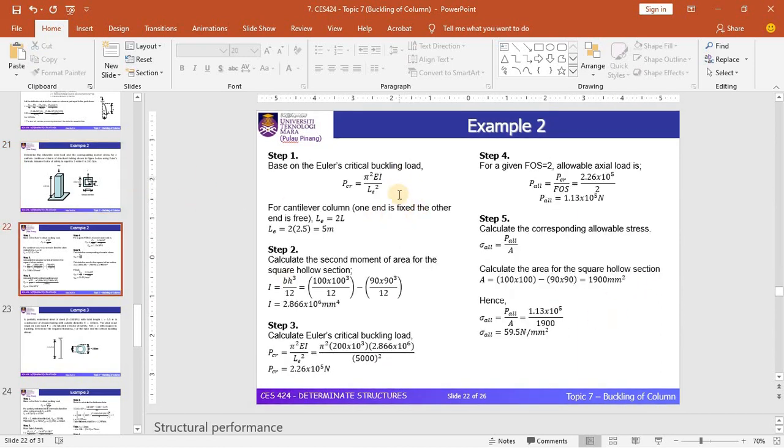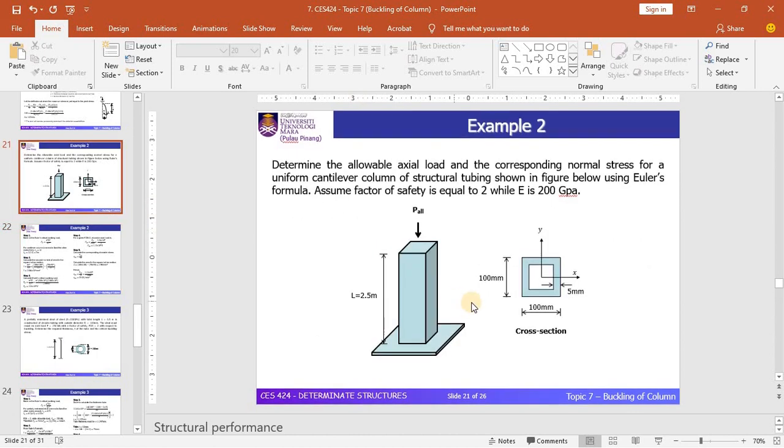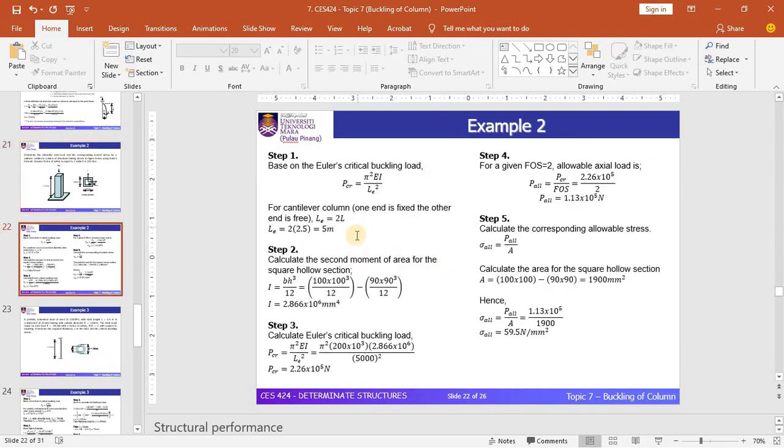This is Euler's formula to calculate the critical buckling load. The LE, which is the effective length for the column, is equal to 2L, because this is a cantilever column with a fixed and a free end. Based on the previous lecture, the LE is given by 2L.